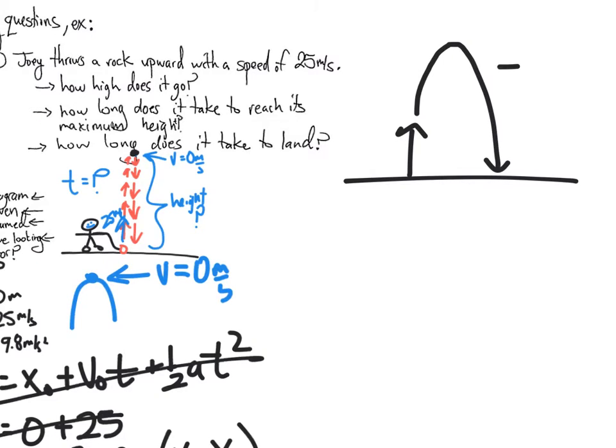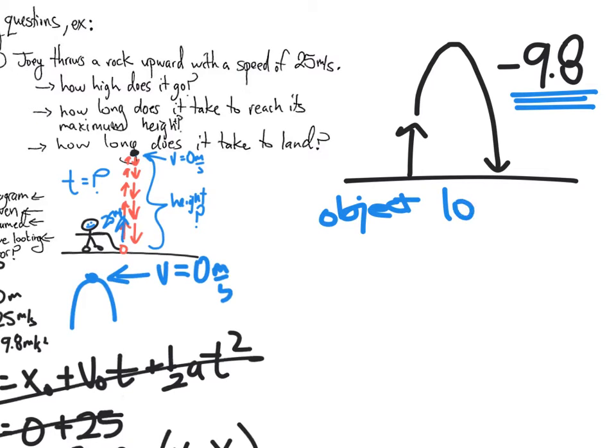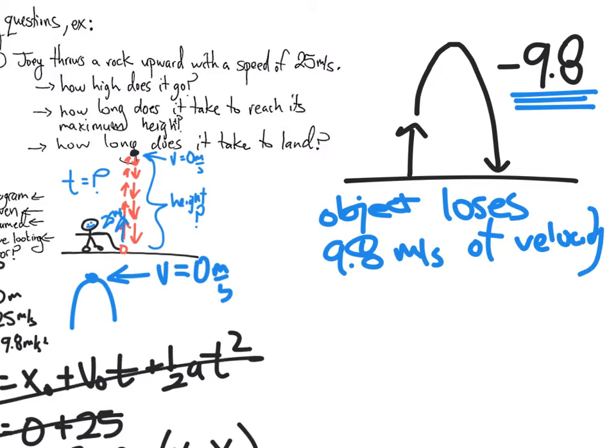And when we talk about this number, negative 9.8, I'm going to write this in words because it's kind of a key concept. What this means is that the object loses 9.8 meters per second of velocity every second.